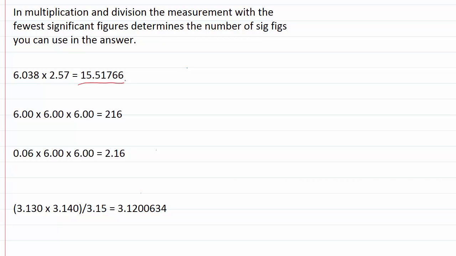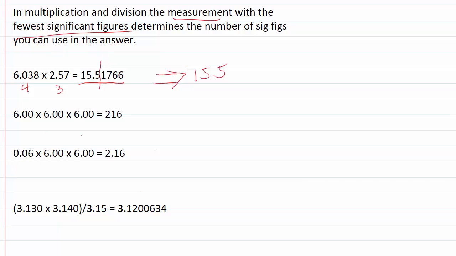In multiplication and division, the measurement with the fewest sig figs determines the number of sig figs in your answer. And so here I've got 4 sig figs, and here I've got 3. Okay, so I can only have 3 sig figs in my answer, so I'm going to call this 15.5.